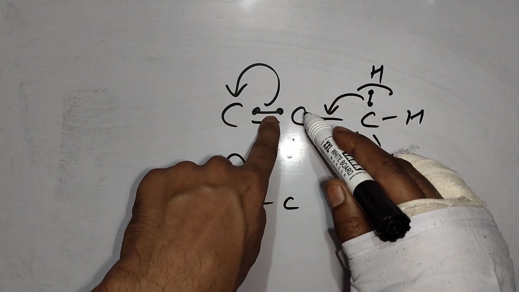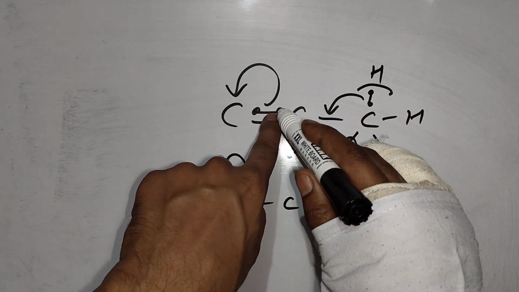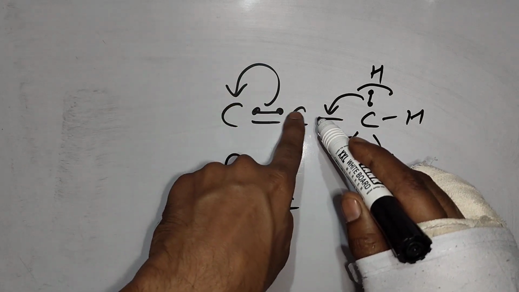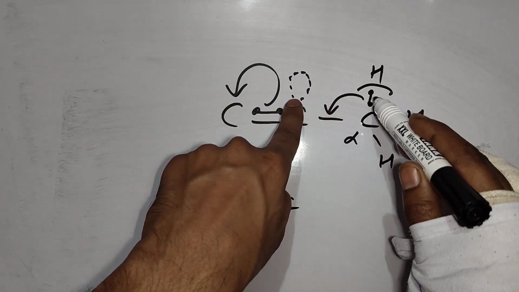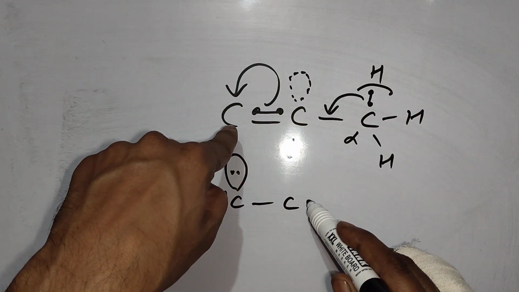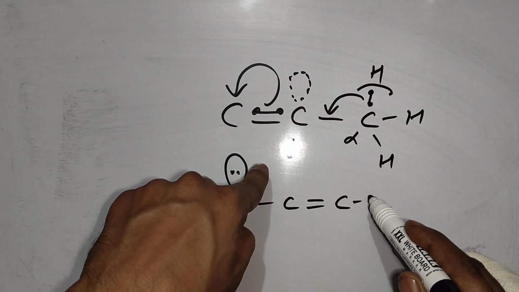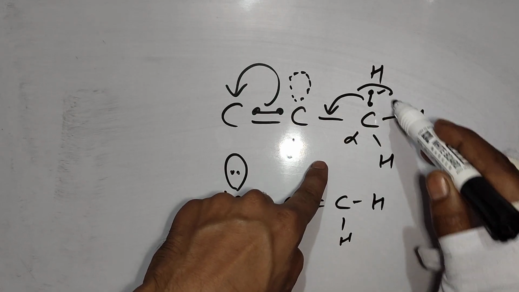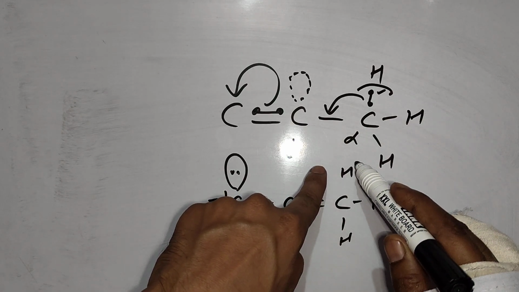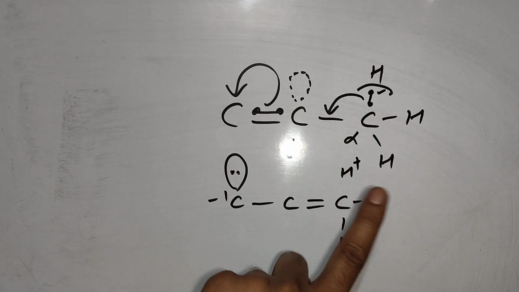Now during this process, this carbon will have a vacant orbital because its electron has gone to this carbon. That vacant orbital will be filled by these two electrons, so double bond will generate here. And this hydrogen, because it has lost its one electron, will become H positive temporarily.